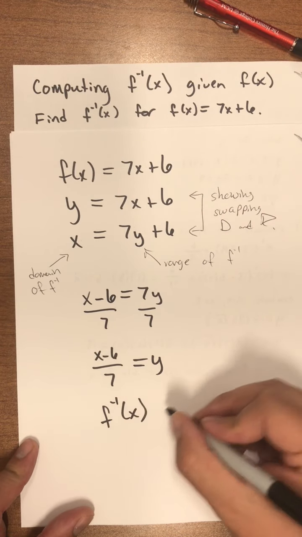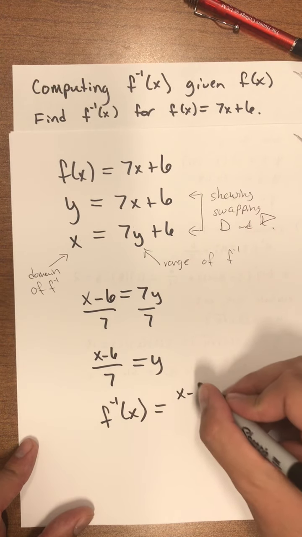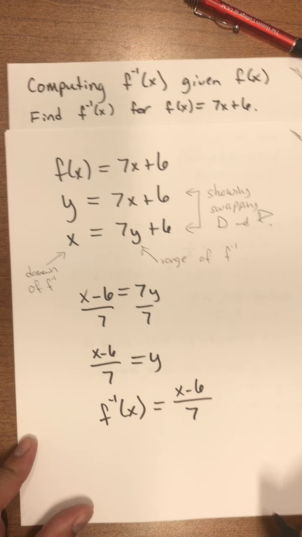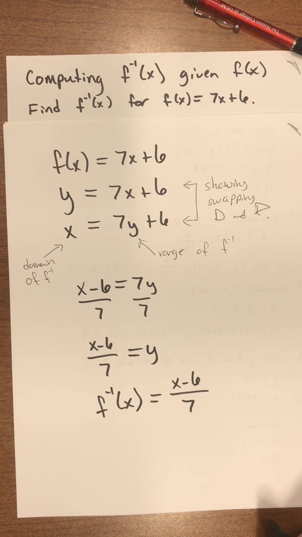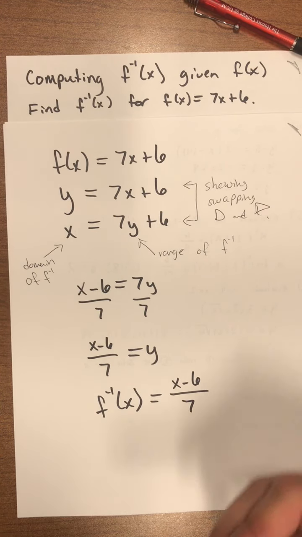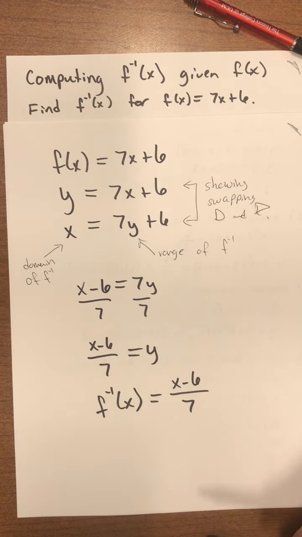And once we've done that, we just want to use the proper notation to communicate it. F inverse of x is x minus 1 over 7. You could verify this by doing what we did in the first example. And that's all we need to do from 4.1.